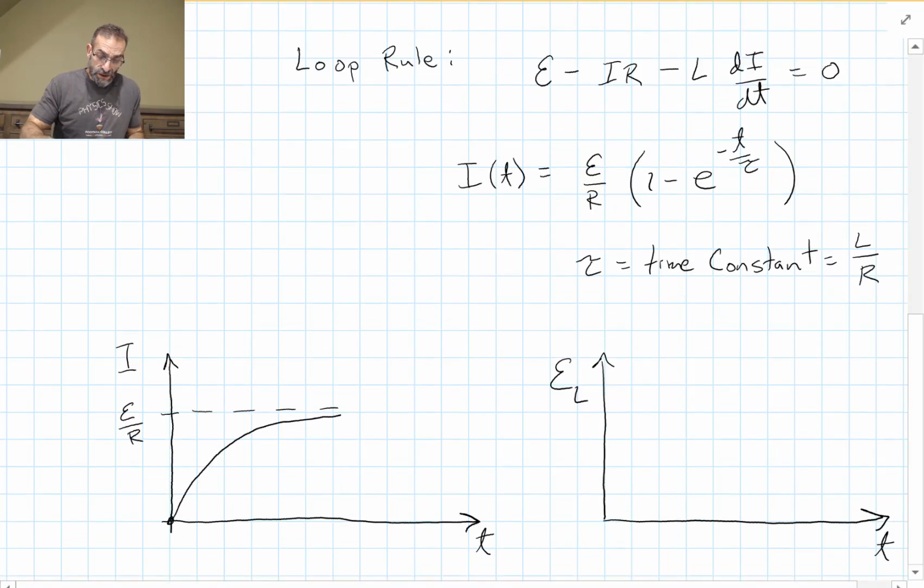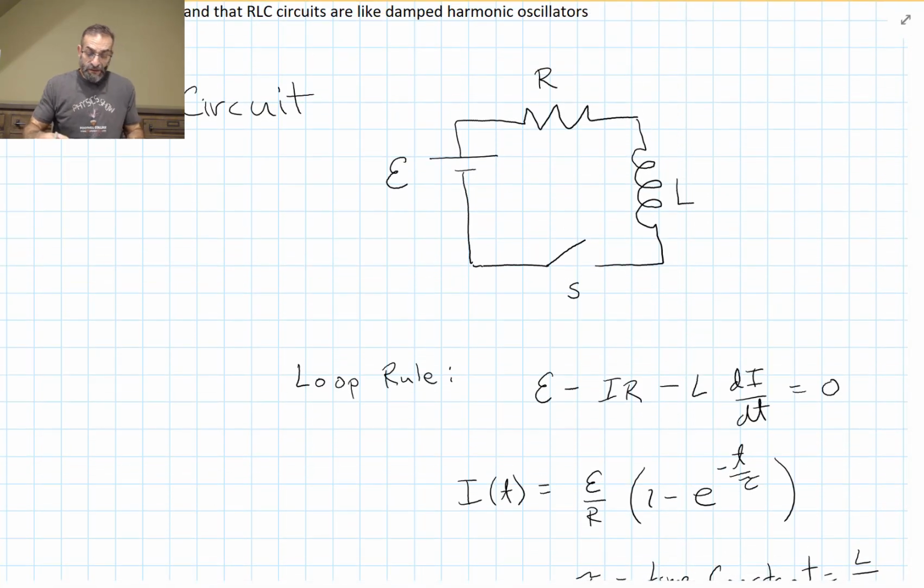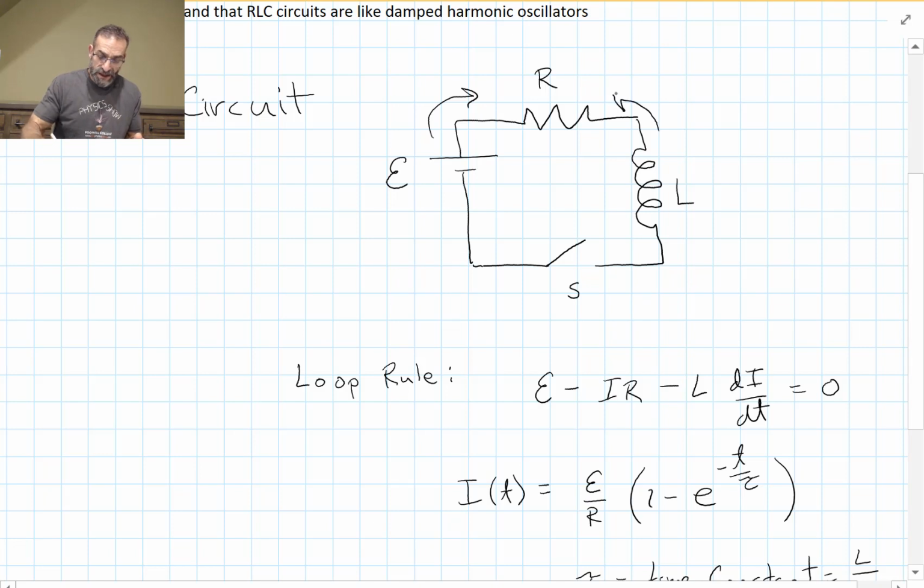Now let's take a look at our circuit. If we're getting zero current when we close the switch, we've got a battery with a potential difference pushing current in one direction. And we've got an inductor on the other side that creates its own potential difference and pushes back. And if there's zero current flowing at that instant, the potential difference must be the same as the battery.